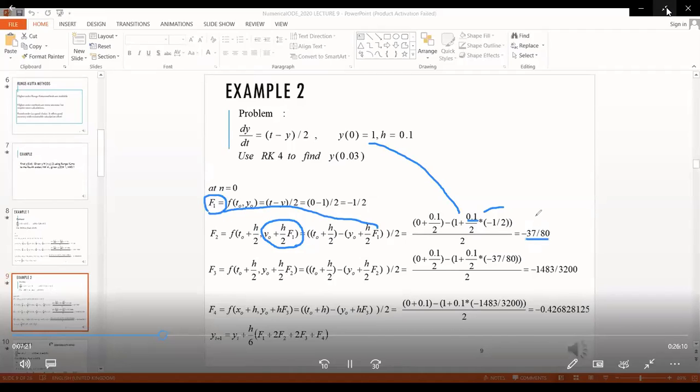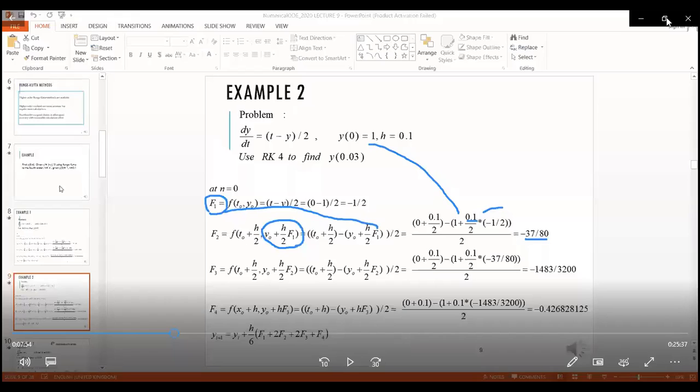So let me take you a bit back. Some of you came in late. This is the expansion for the third order.